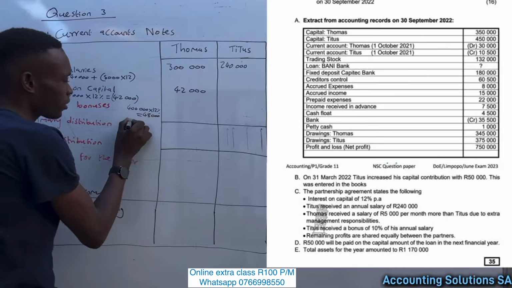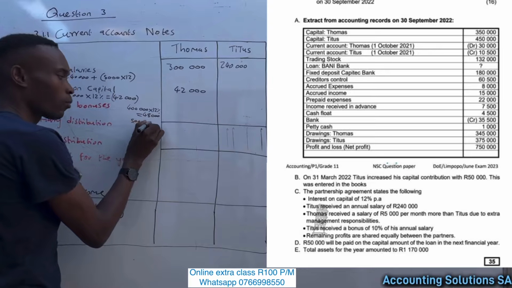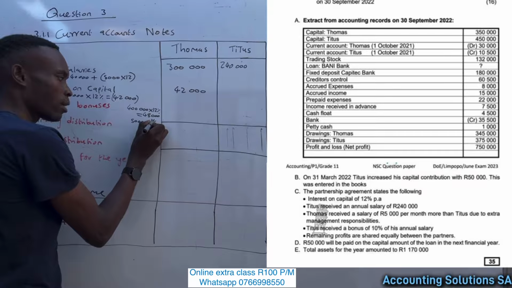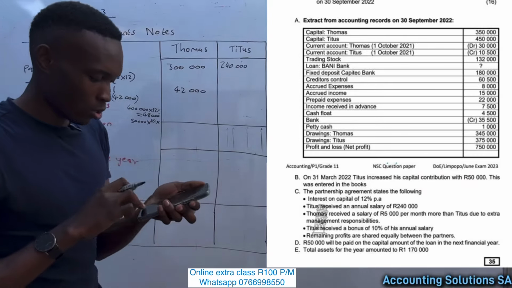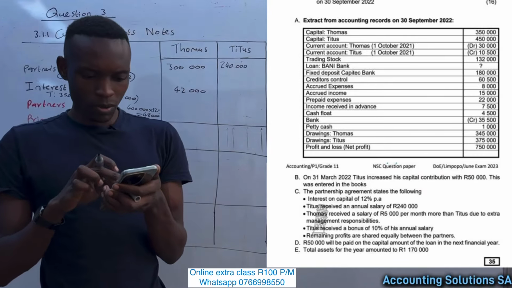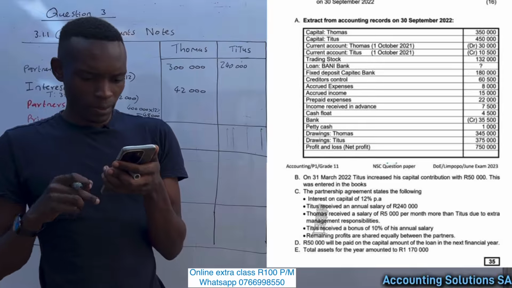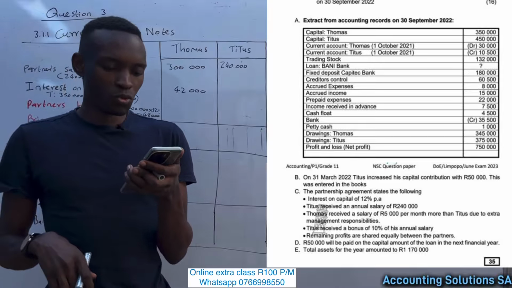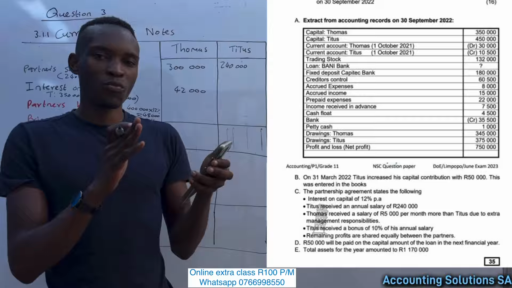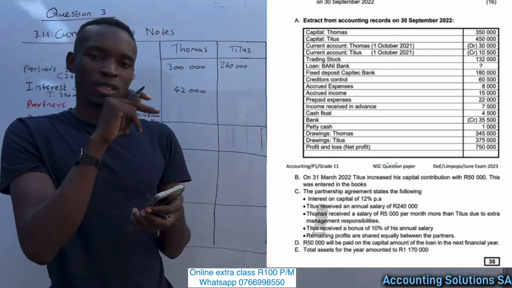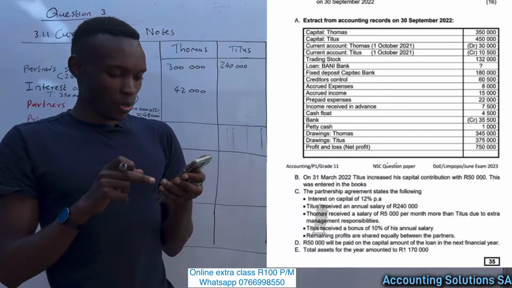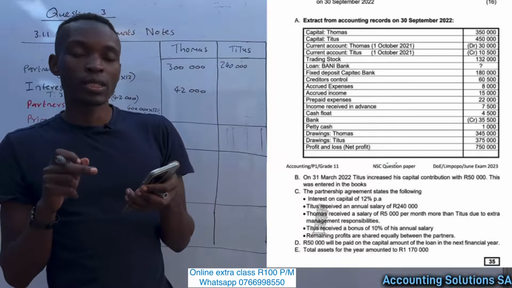It's going to give you 48,000. The other 50,000 we multiply by 12%, but we need to count the months. How many months? They said on 31 March 2022, which means that we count from April, up to 30 September.